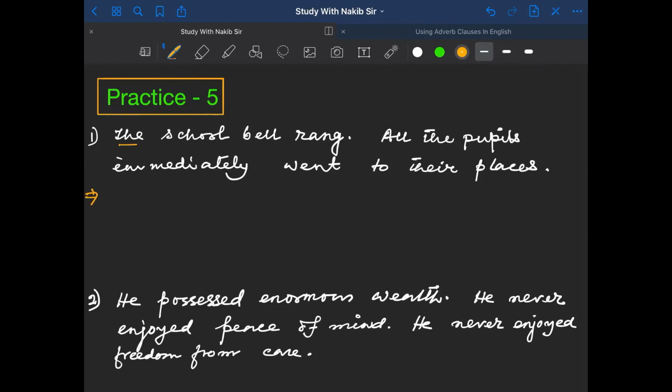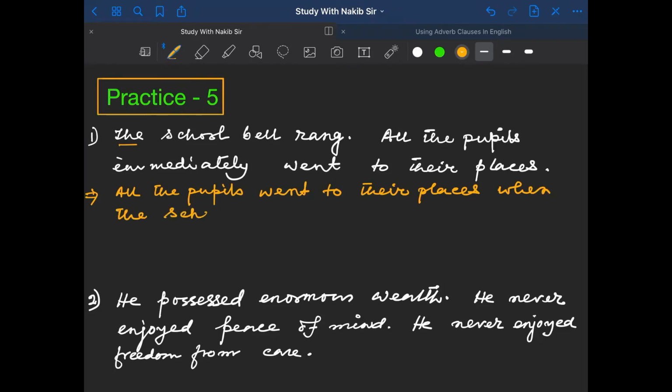Answer is, all the pupils went to their places when the school bell rang. This is indicating the time, so it is an adverb clause.